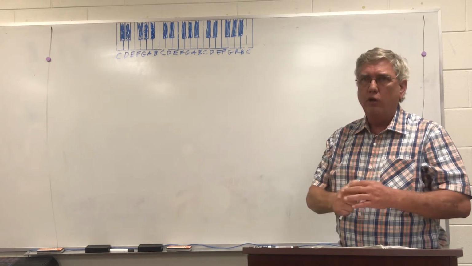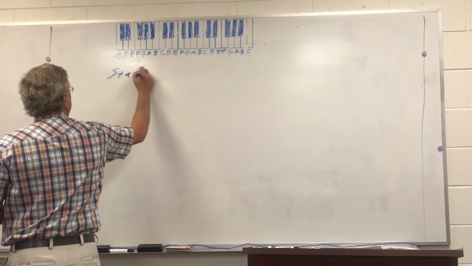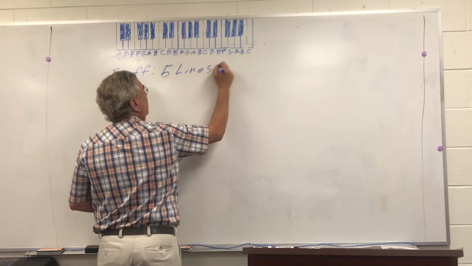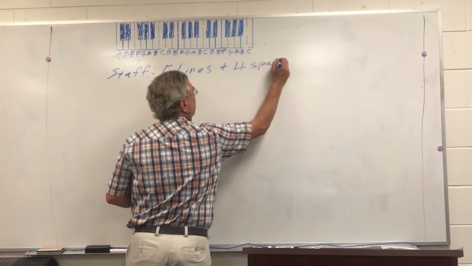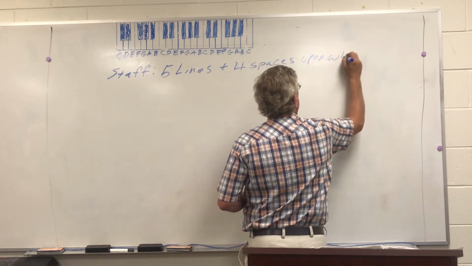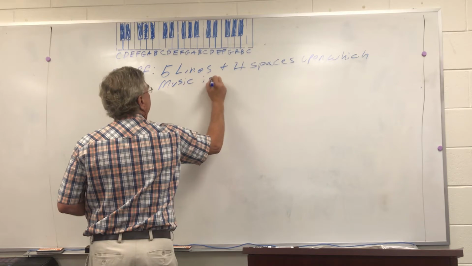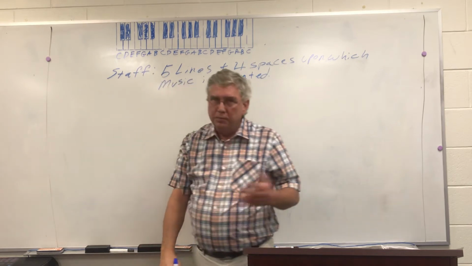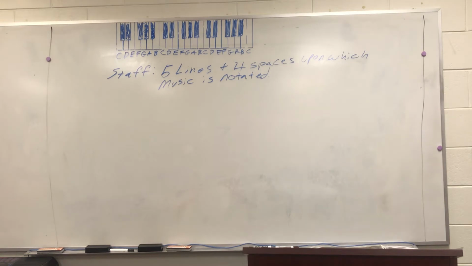So music is written on a grid of lines. It's called a staff. The definition of a staff is 5 lines and 4 spaces upon which music is noted. 5 lines and 4 spaces.